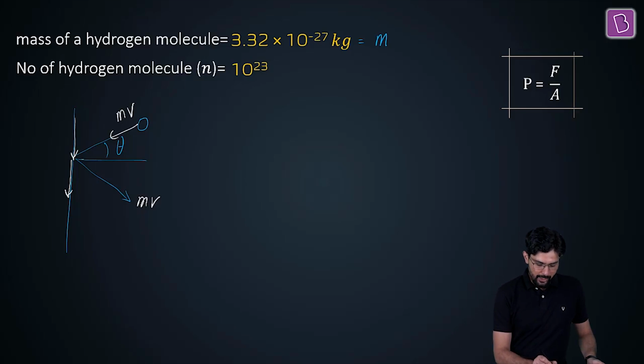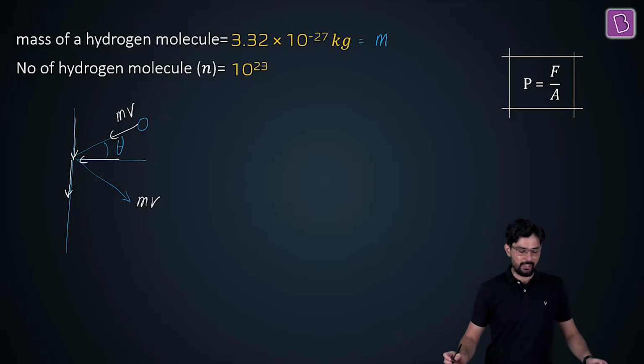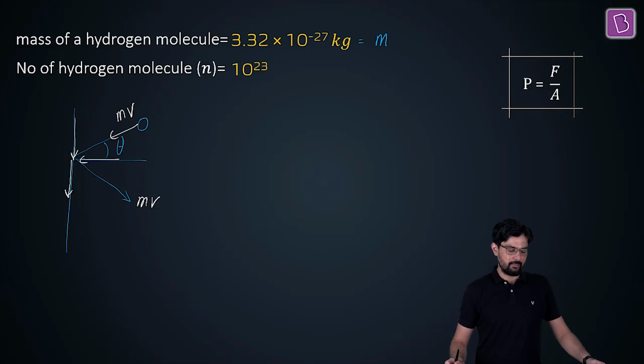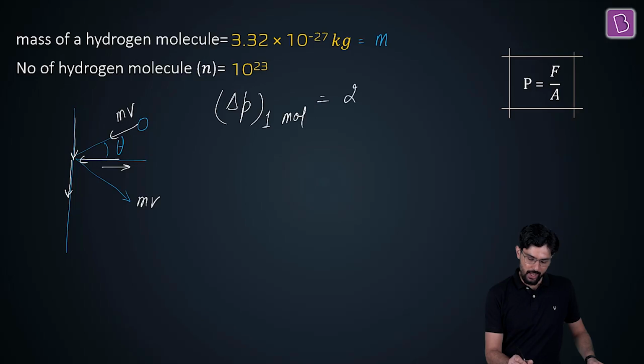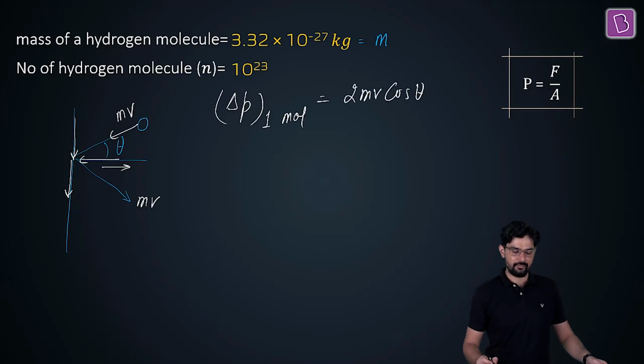In the perpendicular direction, the magnitude of the linear momentum remains the same, just that the direction is reversed, right? And let's find out the change in linear momentum of one molecule first. This is going to be 2mv cos theta, right?